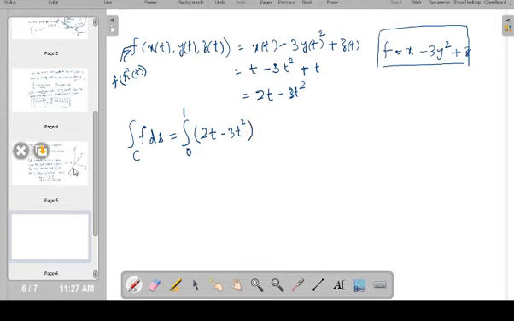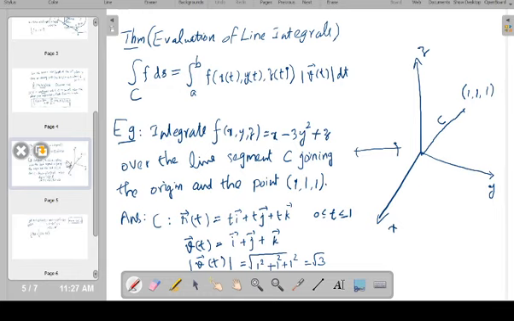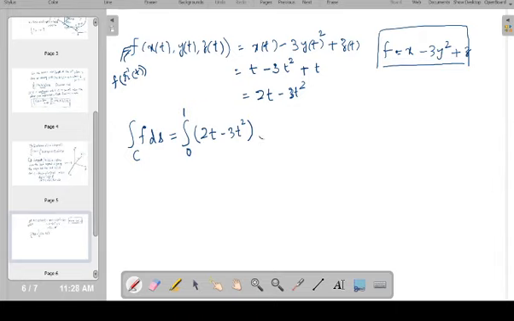Now mod v. What is mod v? Mod v is root 3 for all t. So root 3 dt. So you have to just evaluate this integral as usual.